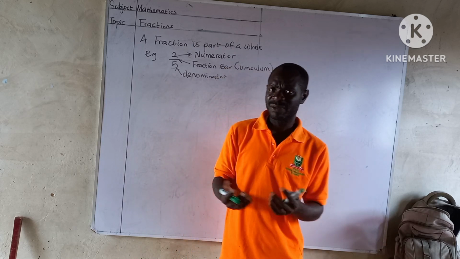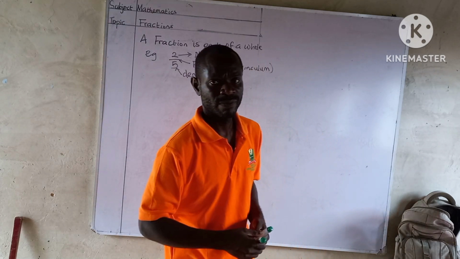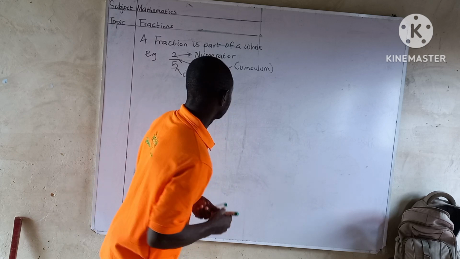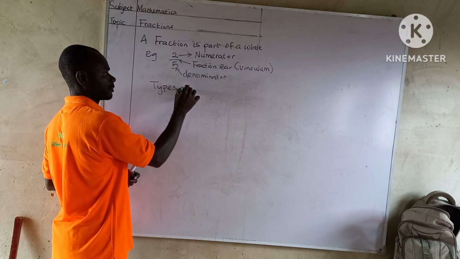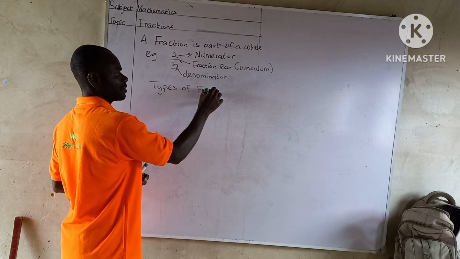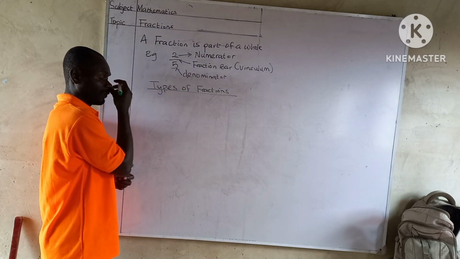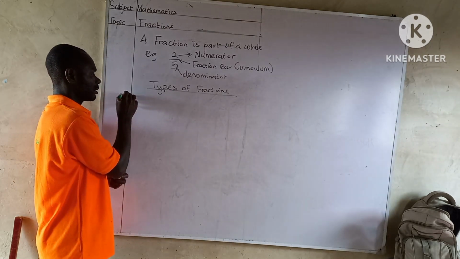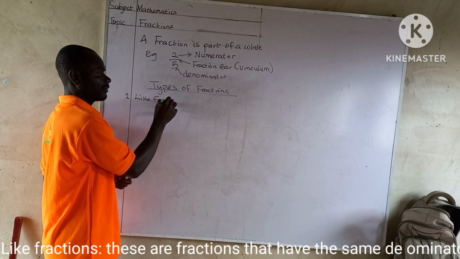Of course, there are different types of fractions. I will quickly want us to run through these types of fractions for ease of understanding. Types of fractions. For one, we have like fractions.